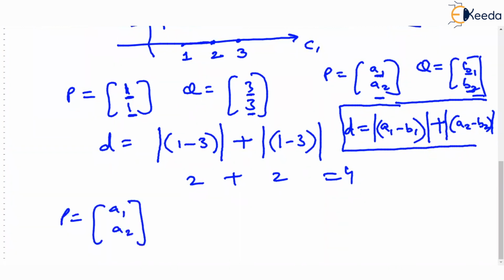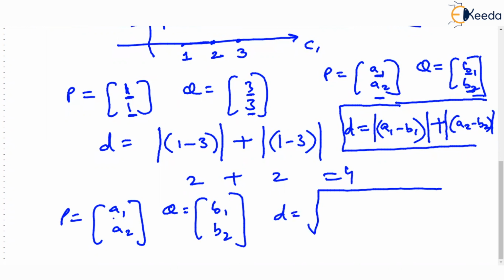What was the formula? Distance was the square root of, just check, first component minus second component, A1 minus B1. Hello, we are still doing A1 minus B1 here, but we were squaring this.